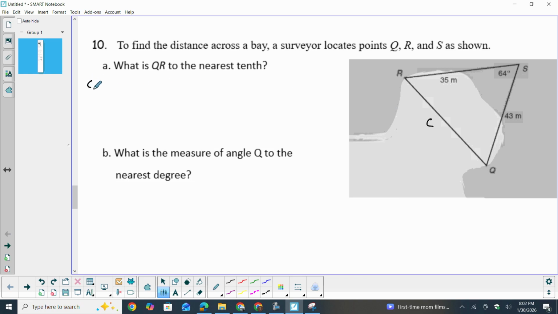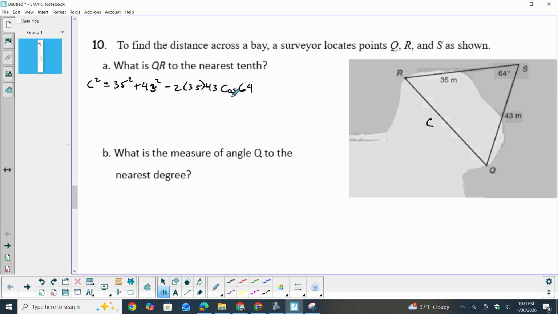It's the C in C squared equals A squared plus B squared, so C squared, or you could say, like I do on the answer key, QR squared, however you want to label it, equals 35 squared plus 43 squared minus 2 times 35 times 43 times the cosine of 64.